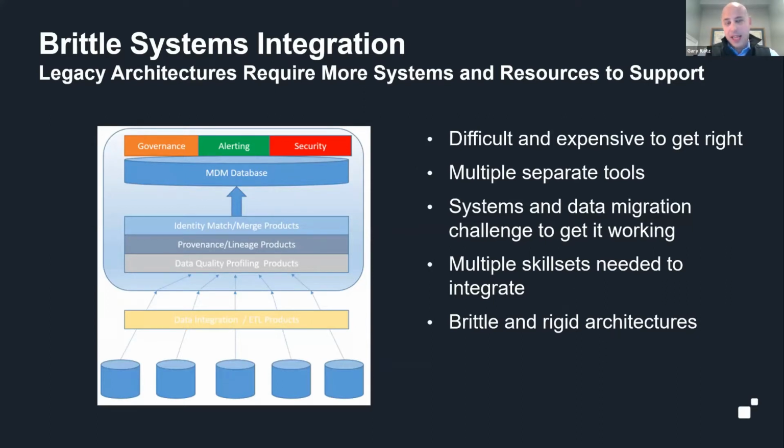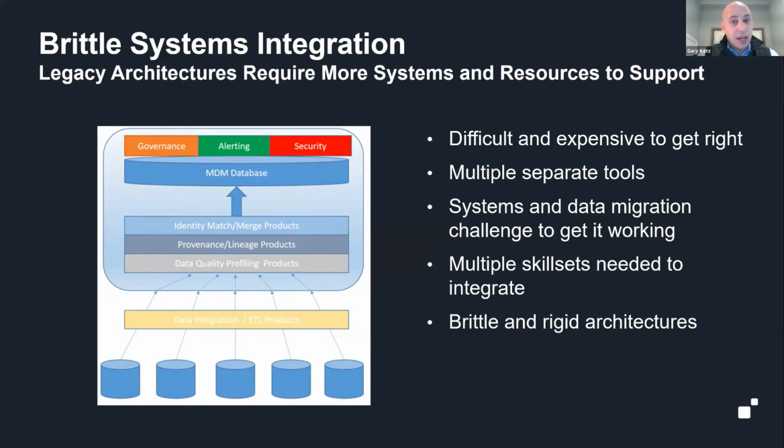And really what it comes down to is the complexity of performing the systems integration required in order to stand up and get an initial operating capability in your MDM solution. If you want an MDM solution using traditional technologies, you're going to need, starting from the bottom up, data connectors to your individual data sources. You're going to need some kind of an ETL tool in order to move that data out.